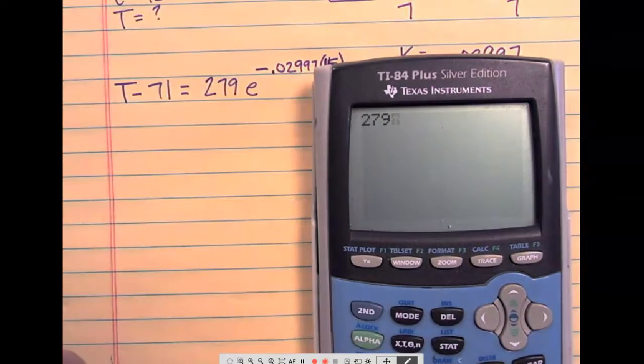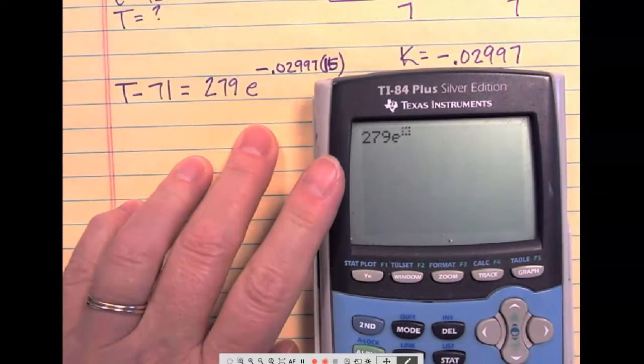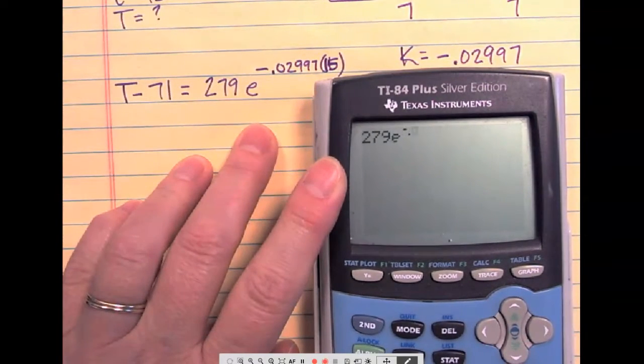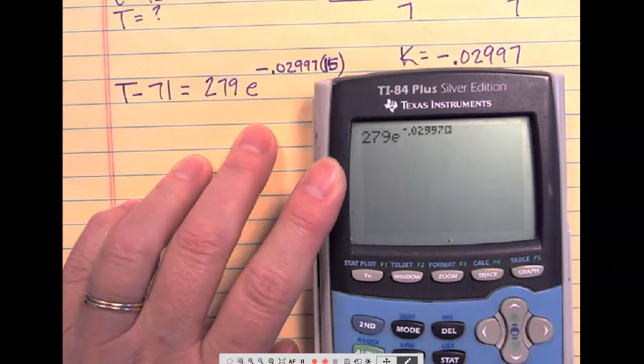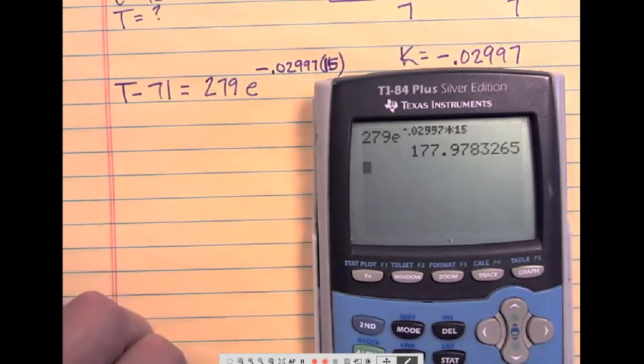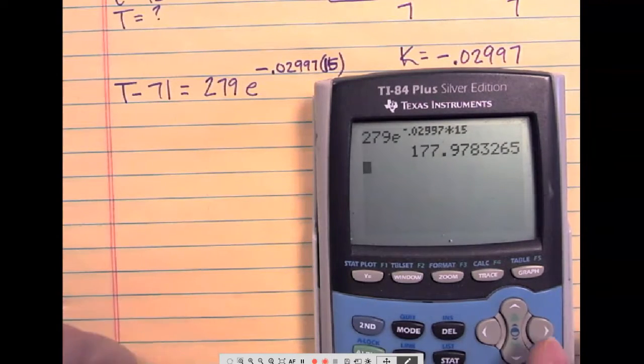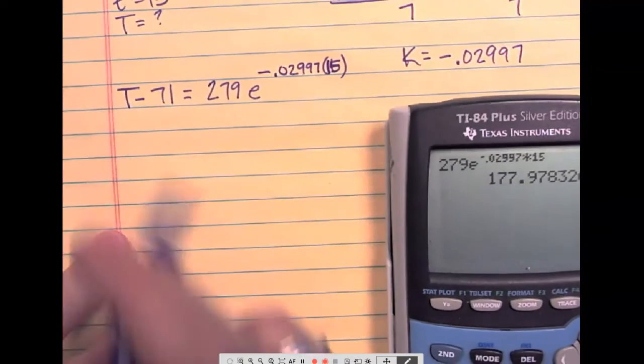279 e to the negative 0.02997 times 15. Okay, so 177.978.